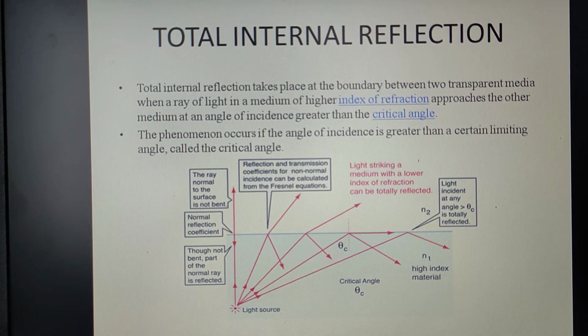This is your incidence angle, and this will be your critical angle. Now this critical angle will create this refracted ray. If the angle of incidence continues to increase more than the critical angle, what happens? The ray is reflected back within the same medium. Here, the angle of refraction will move more away, thereby looking as if it's coming back into the first medium. This is your phenomenon of total internal reflection.